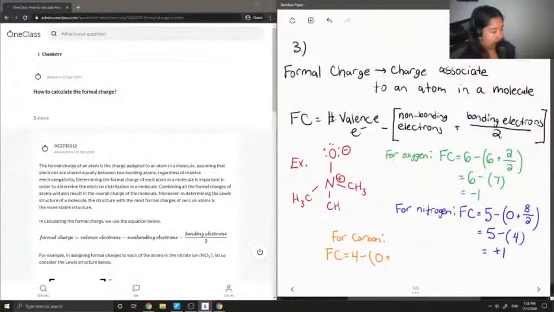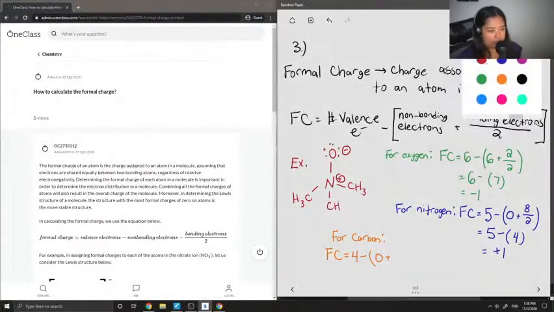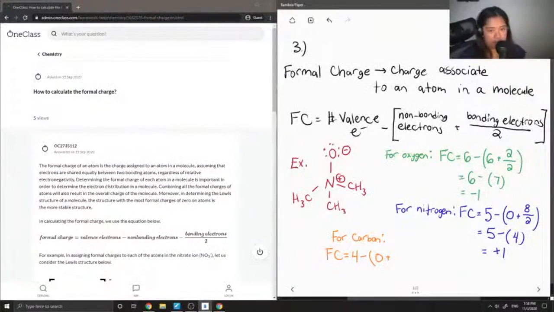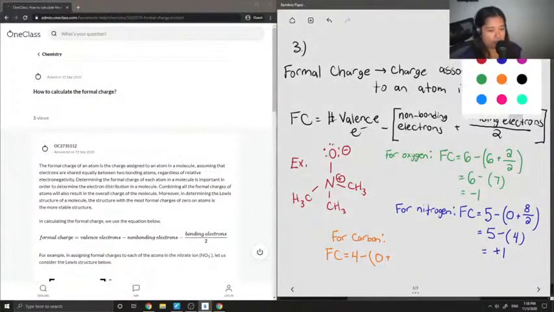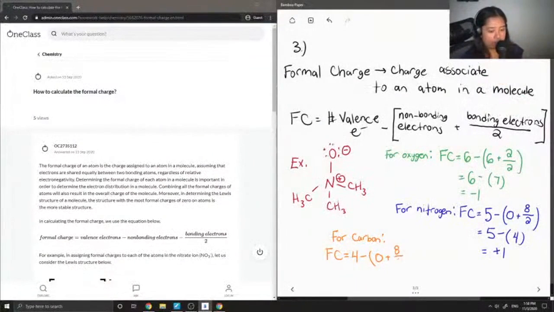And each carbon has 4 bonds attached to it, because there are 3 hydrogens, and then each one has a single bond to nitrogen. So again, I'm just going to do 8 over 2. This is the same thing as saying 4 minus 4. So each carbon has a formal charge of 0. We can also double check and see if this makes sense. Nitrogen has a +1 charge and oxygen has a -1 charge. So the entire molecule is neutral.